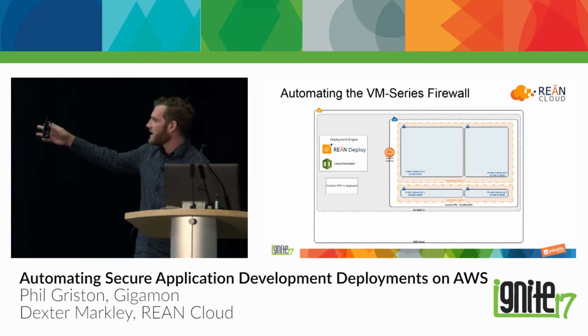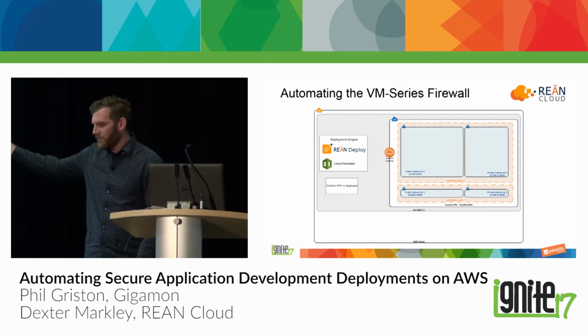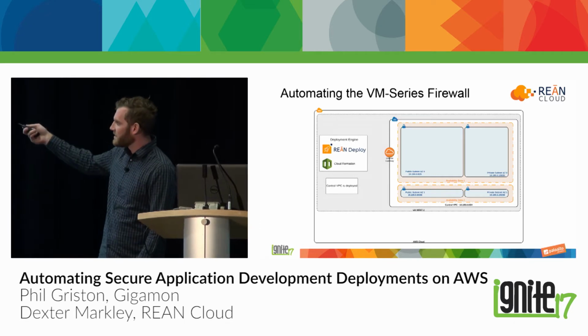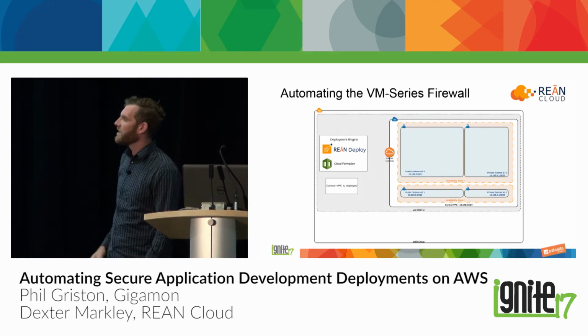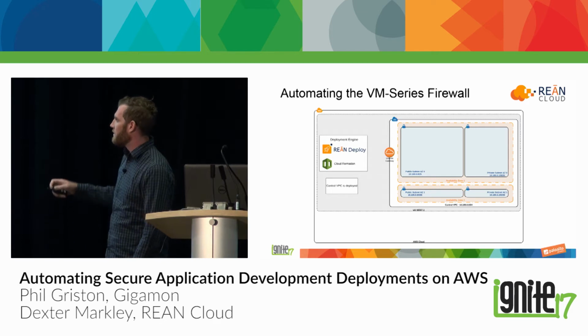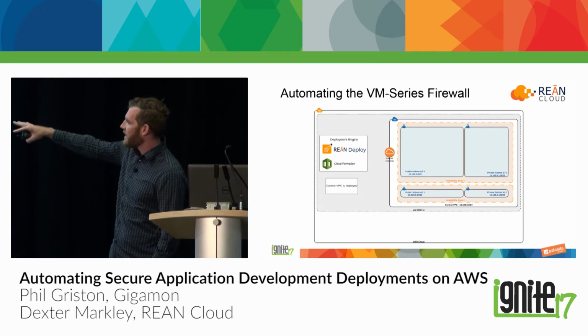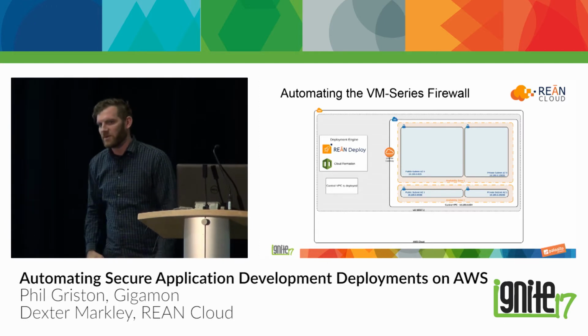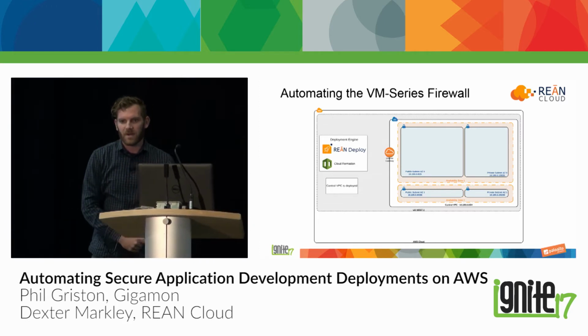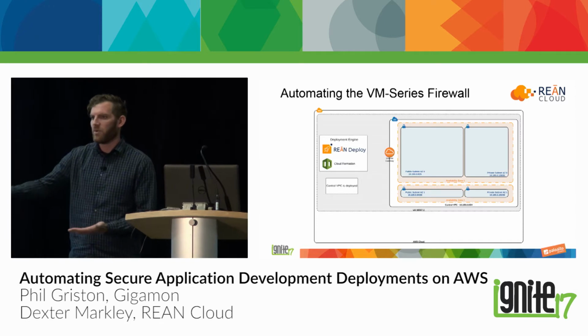So we use a deployment tool like CloudFormation. In this scenario, we use REAN Deploy, which is another one of our accelerators, to provision the VPC, the subnets, internet gateway, the structure, if you will. A lot of times in AWS, we deploy in layers.